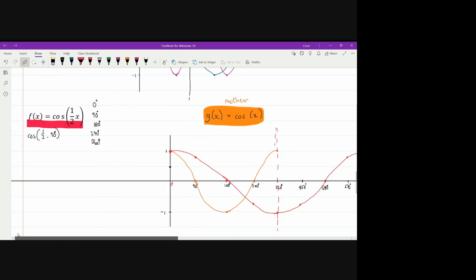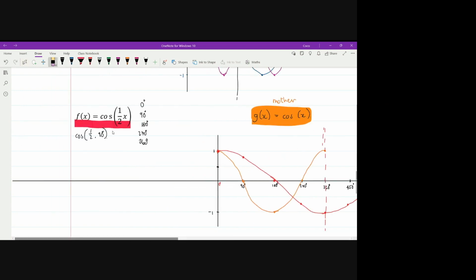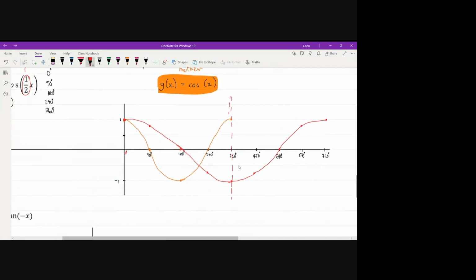Right. We said that this part over here, the part right in the middle, tells us how many graphs we can fit into 360. And if we look at what's happened over here at 360, that was the 360 mark. How much of a graph had we fit into that space?